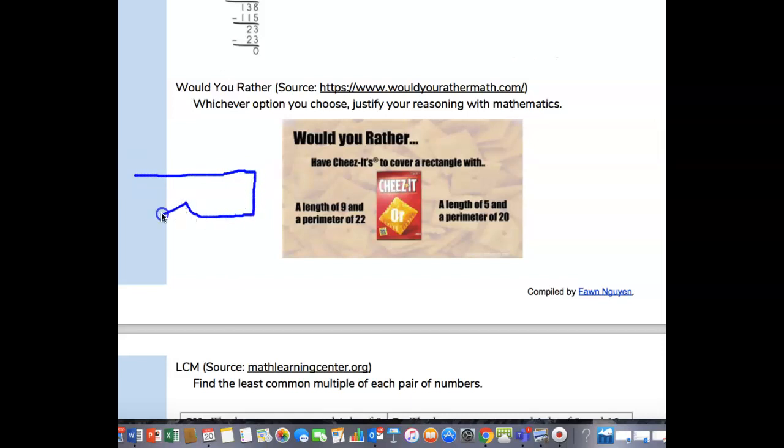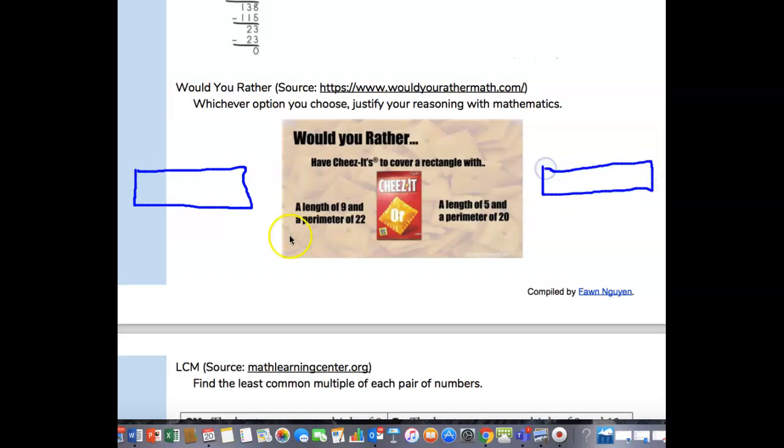So let's see. Oh my goodness, hold on, let me fix that. So let's go here and do a rectangle here. Now you know these are all straight lines. I just can't get it right with this marker. Okay, so a length of 9 and a perimeter of 22.